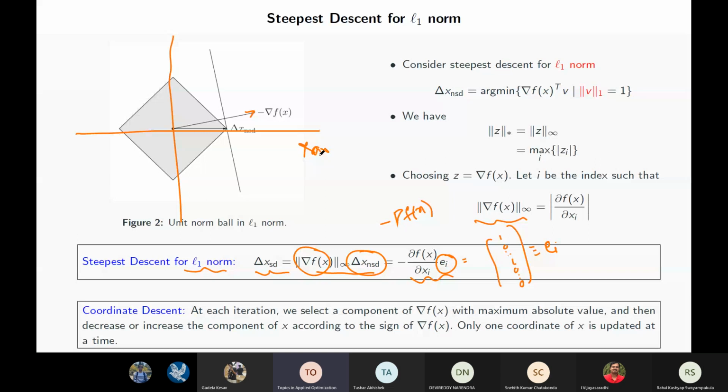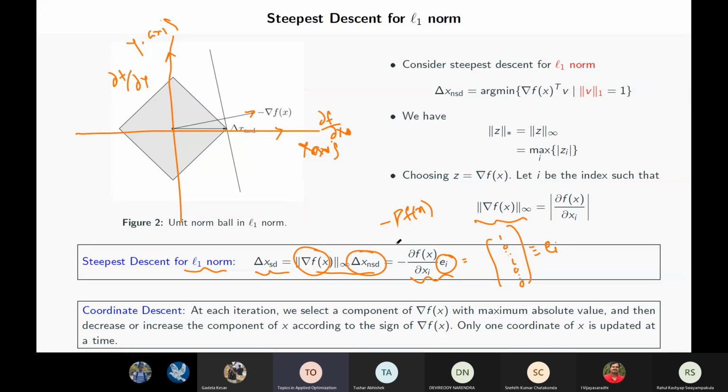You want to go along del f by del x1, the x1 axis, and this direction was del f by del y. Since you found that this is the highest value, and you have to go to the minus, you took a minus of that.